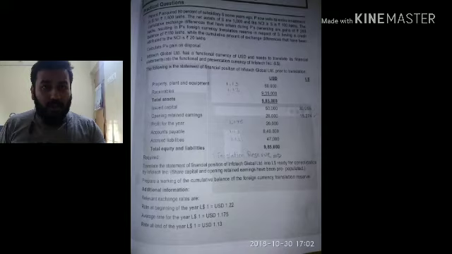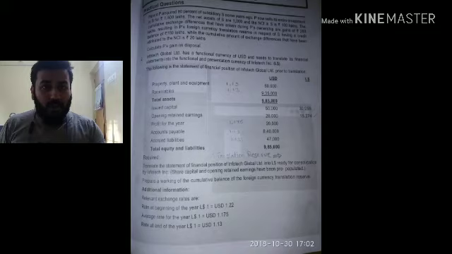The question requires us to translate the statement of financial position of Infotech Global Limited into dollars, ready for consolidation by Infotech Limited, and to prepare a working for the cumulative balance on the foreign currency translation reserve. The rates are given below: opening rate 1.22, average rate 1.175, and closing rate 1.13.